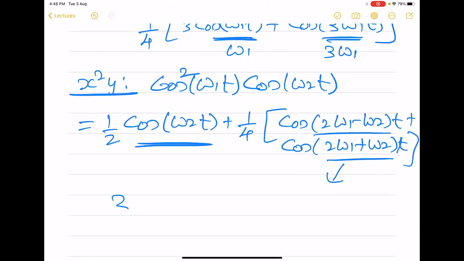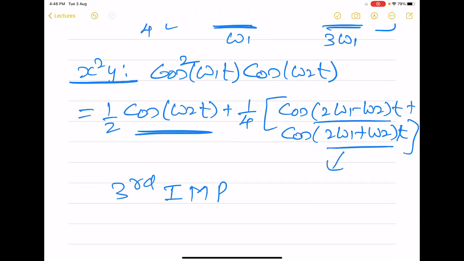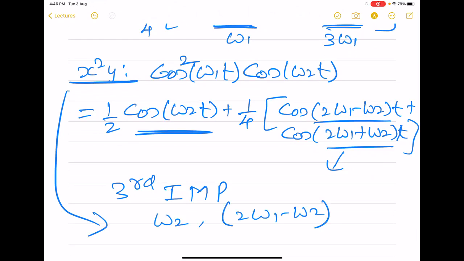So these are called third intermodulation products. So in this case, this is going to give rise to the fundamental and two intermodulation products.